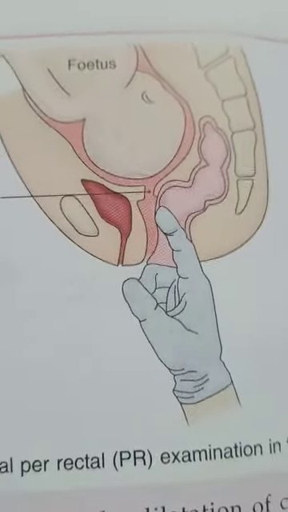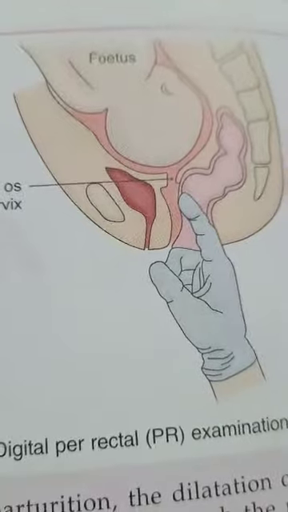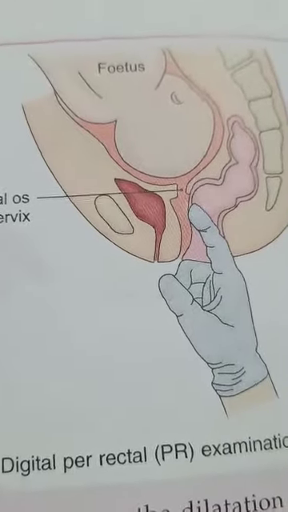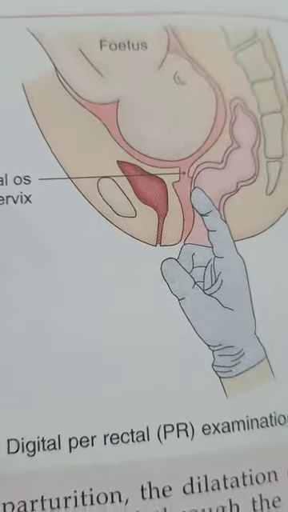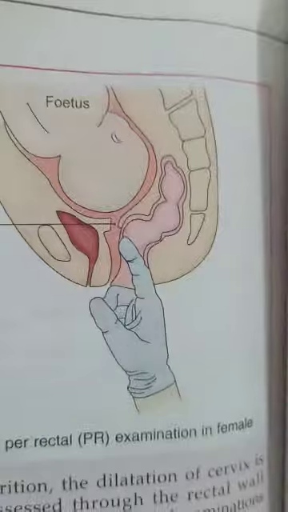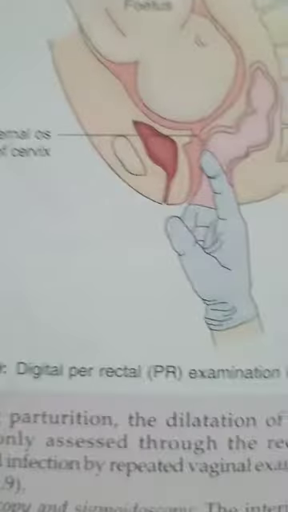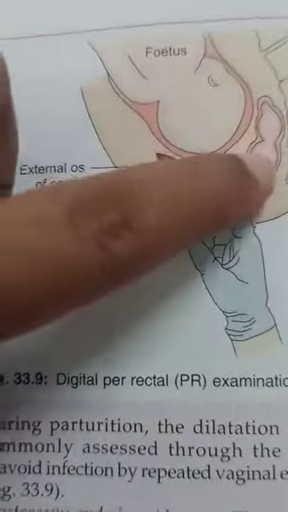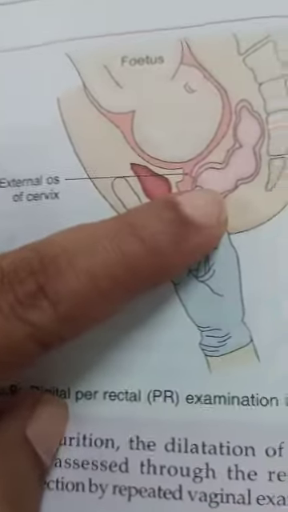Another applied aspect is carcinoma of the rectum, which is quite common. Then next is rectal prolapse, a condition in which the rectal wall protrudes downward through the anus.